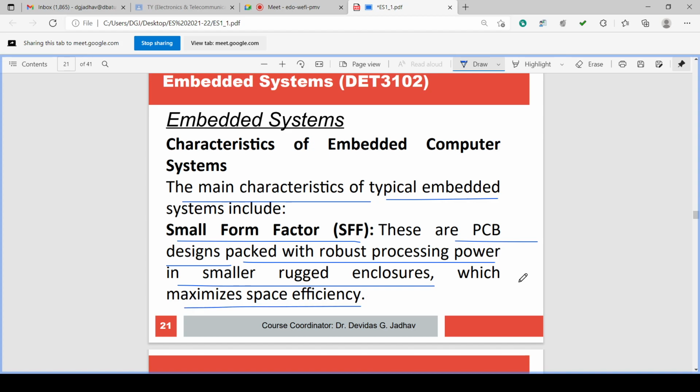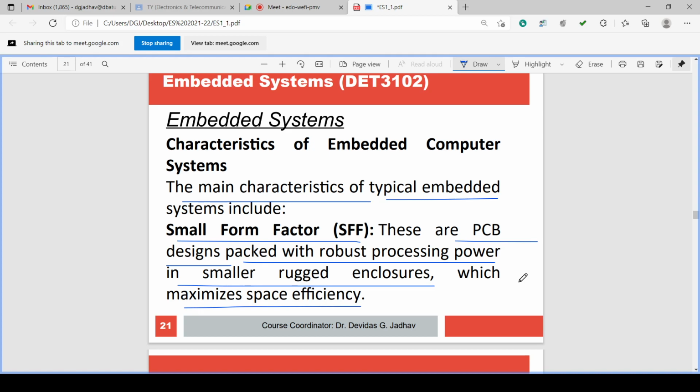If you observe your mobile, inside it a very densely packed PCB, printed circuit board, is there. On that many components are there: integrated circuits, resistors, capacitors, displays, buttons, touch switches, battery and all that. Processor, of course, and memory.